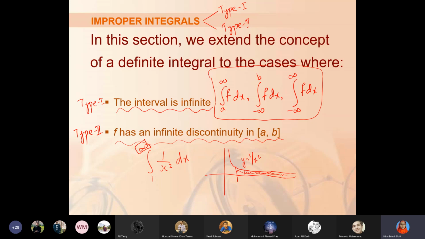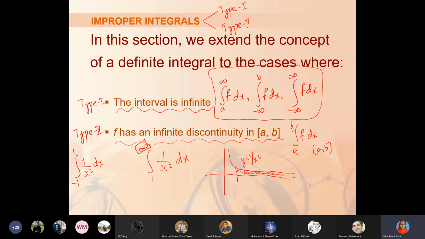So the type 2 integral is when f has an infinite discontinuity. That is, the function f, my integrand, is undefined at either a or b or between the interval AB. That is, it has an infinite discontinuity. For example, what is an infinite discontinuity? If I have this integral, 1 over x square dx from -1 to 1.